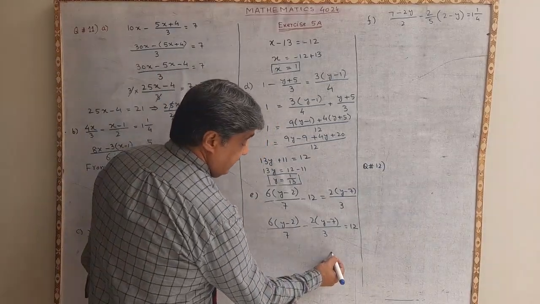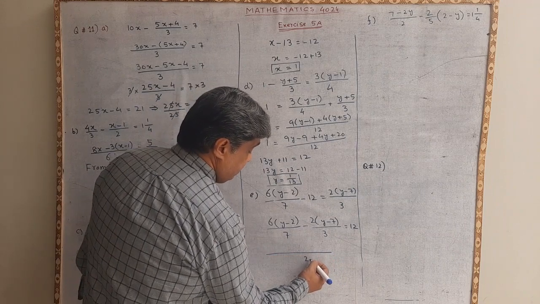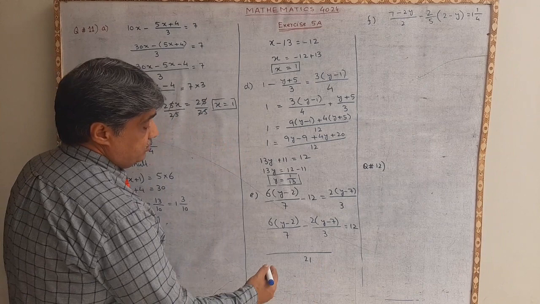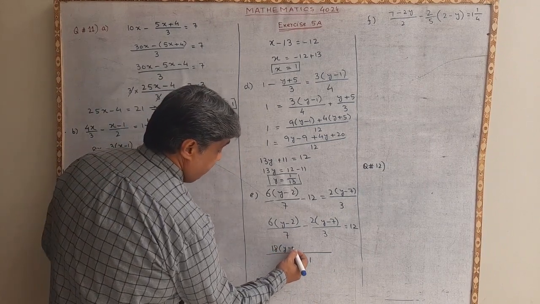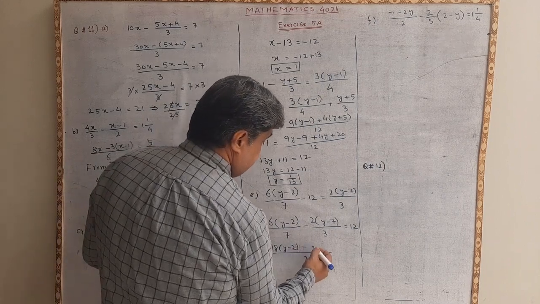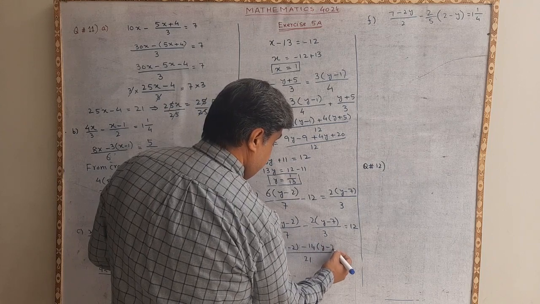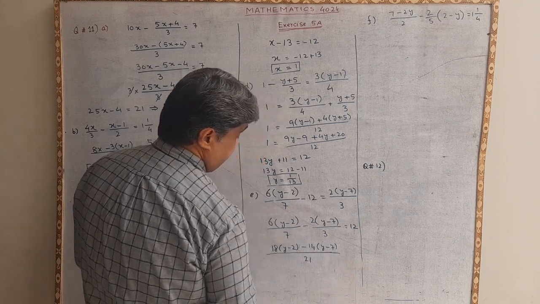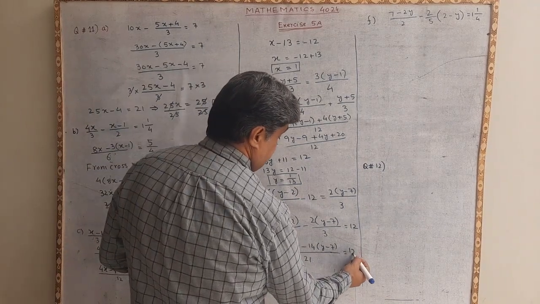Now here I am taking the LCM as 21. So this will become 18 into y minus 2, and then 14 into y minus 7, and that will equal to 12.